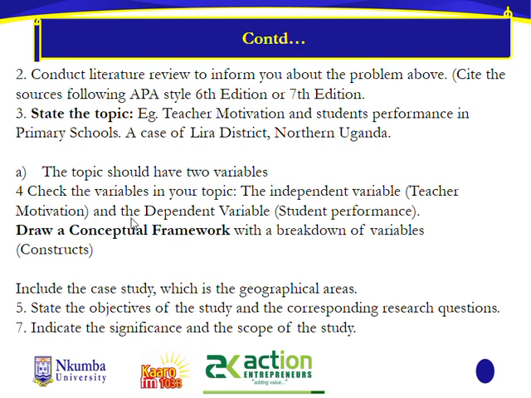Good. So this is very important that our topic, when it is stated, should have two variables. Those are characteristics of the topic. At this stage of stating the topic, these are some details you need to know, that the topic should have two variables and also should be SMART.